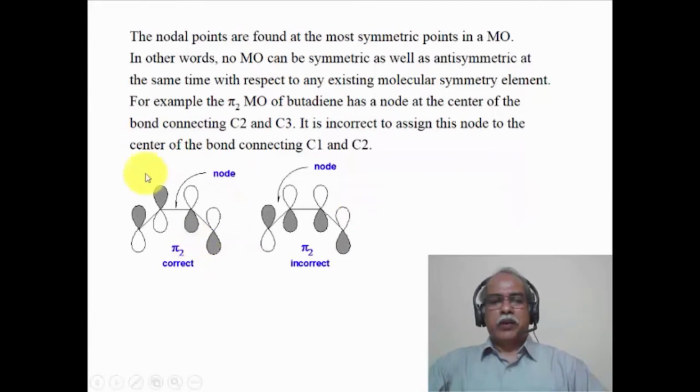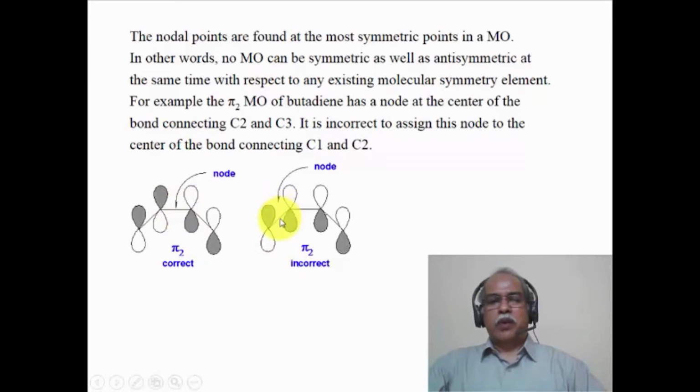If we consider the pi 2 molecular orbital of butadiene, take it from me that this is the pi 2 molecular orbital of butadiene. In a few minutes we will see how we arrive at it. Now the butadiene pi 2 molecular orbital has 1 node, and that node has to be placed at the most symmetrical point in the molecular picture, not at an unsymmetrical point.